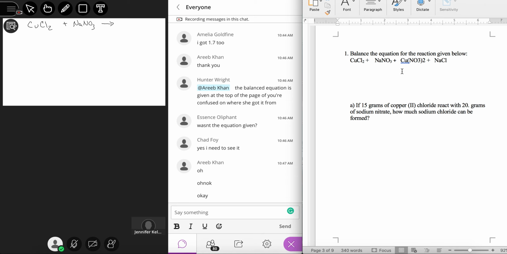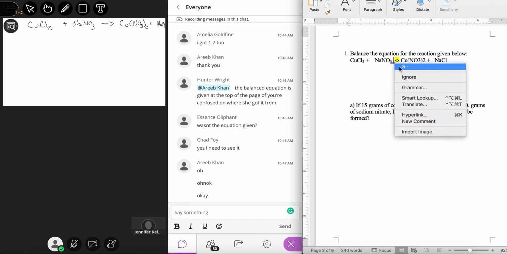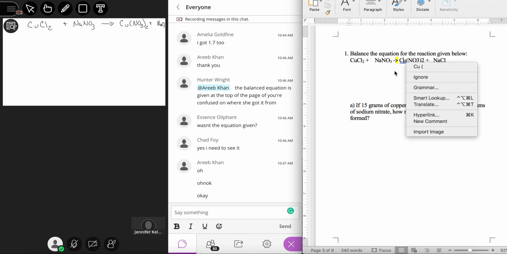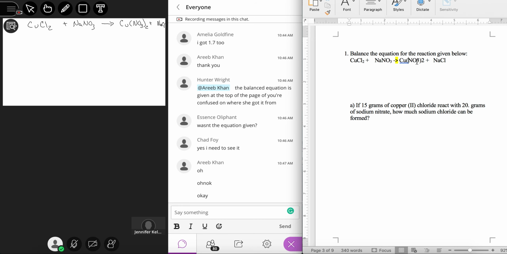There should be an arrow after the sodium nitrate. Oh, I put plus signs crazy. It was like plus, plus, plus. I don't know what I was thinking.